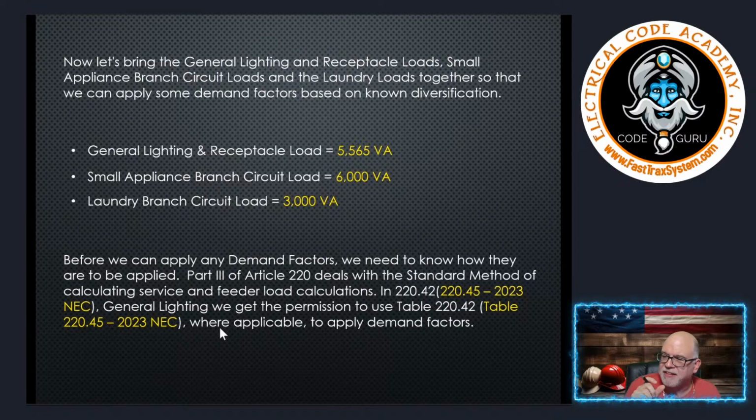Even though the table, which is 220.45 under the 2023 NEC, just says general lighting, you know that the general use receptacles, 20 amps or less, are included, because we saw earlier when we looked at the code that it specifically said that that was included in 220.41. So we know that's included in that. So that's where we're at, and now we're going to have to apply those things, okay?